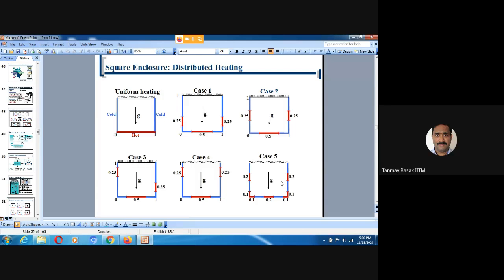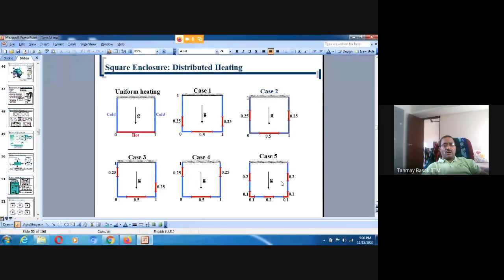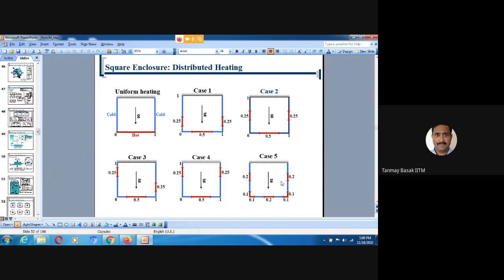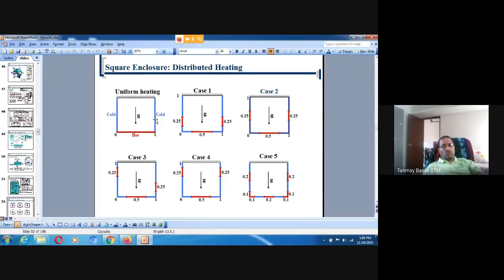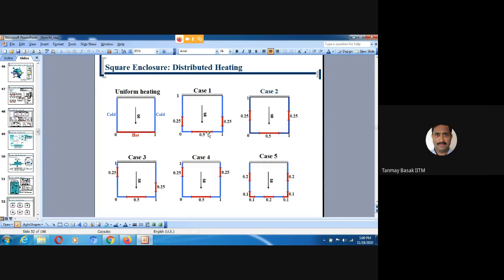So the square enclosure with distributed heating we are discussing now, for the first case, we have uniform heating, and we have distributed heaters 0.5, 0.25 and 0.25. So you can see that in all the cases, the heaters add up to 1.